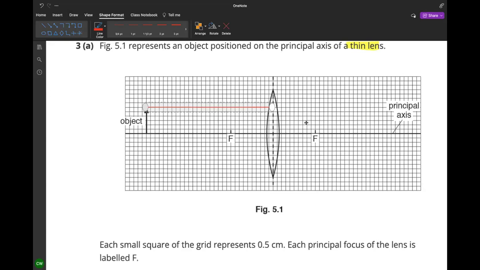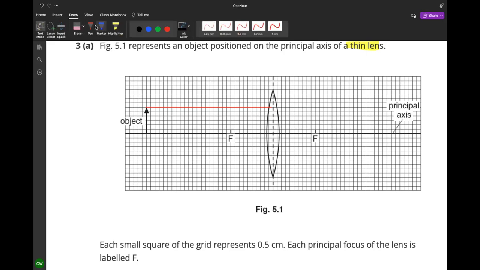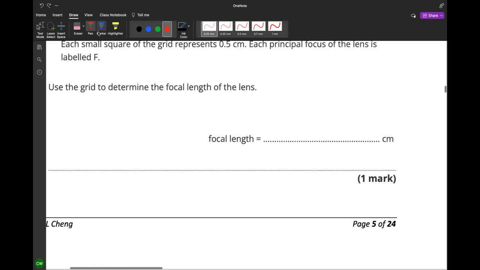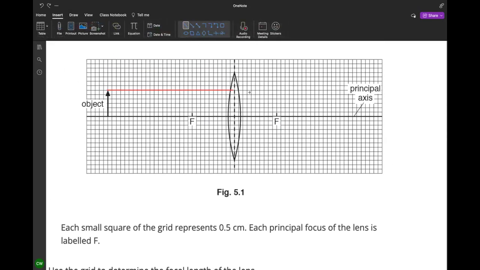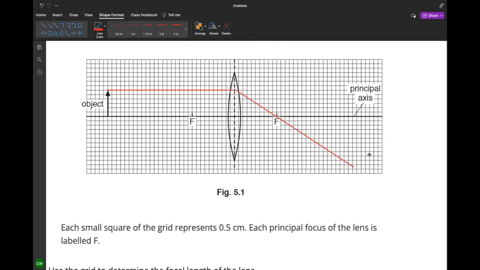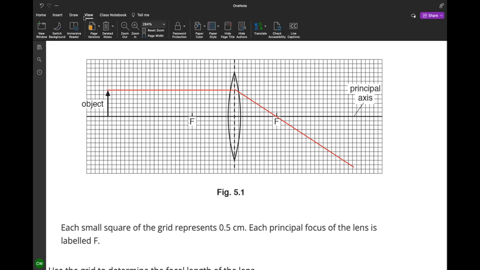Draw one line. Then after that, the same line will be converging to the focal point. That means we have to draw another line from this point to the focal point. This is called the focal point. So first line and the second line.